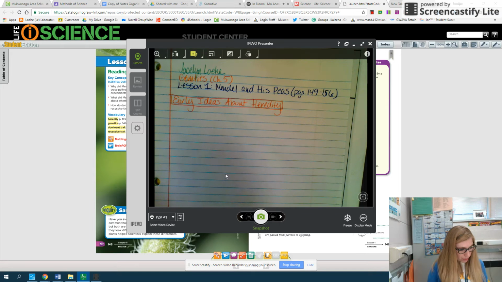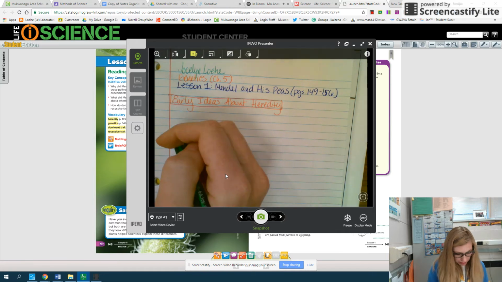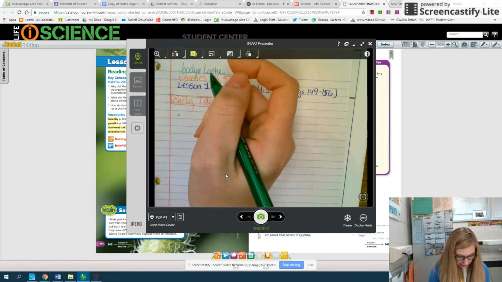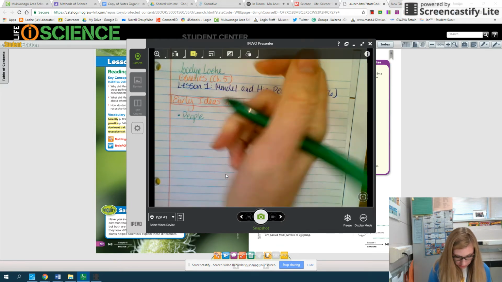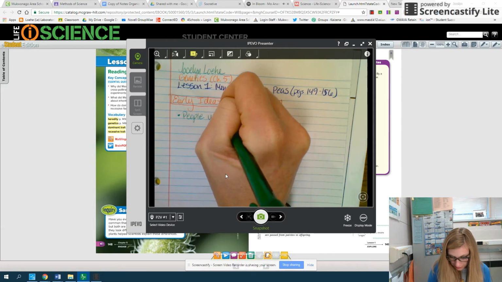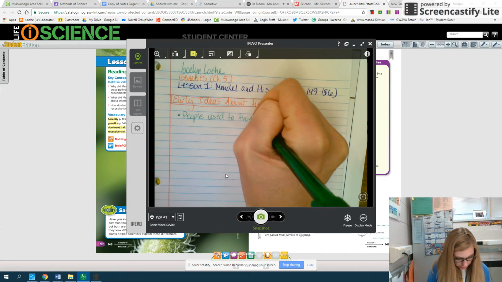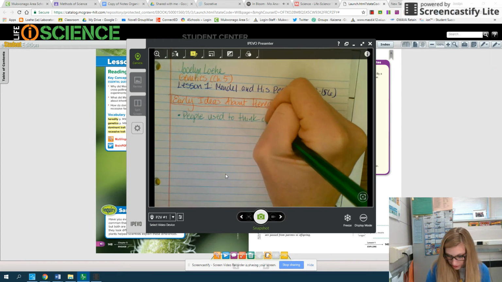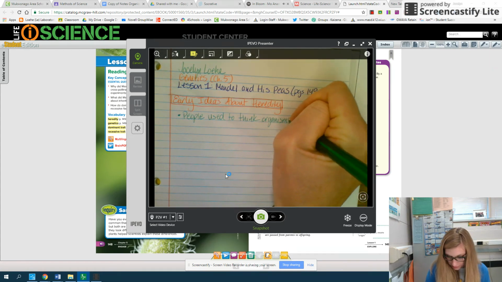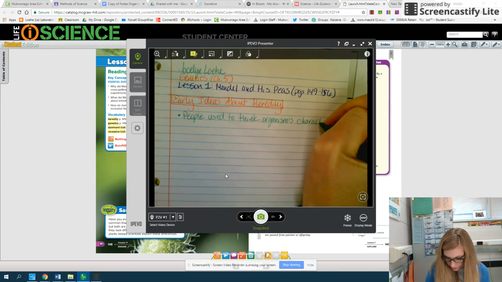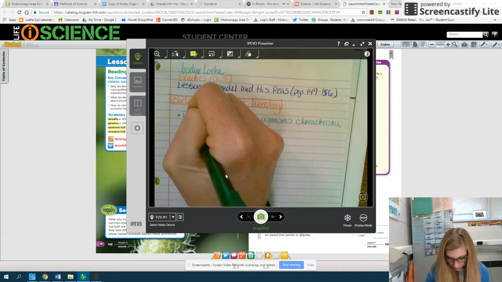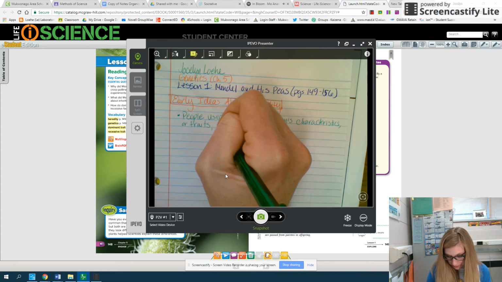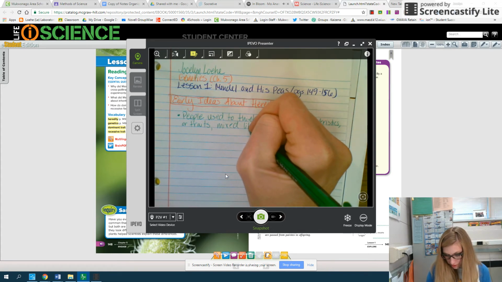So I'm going to start with a couple little bullet points here of important pieces of information. So the first one is that people used to think organisms' characteristics or traits mixed like colors.